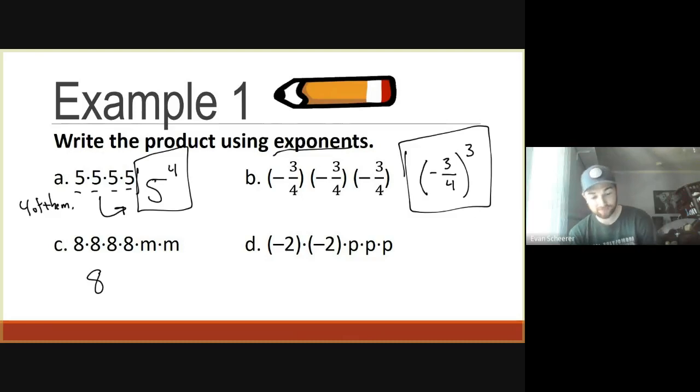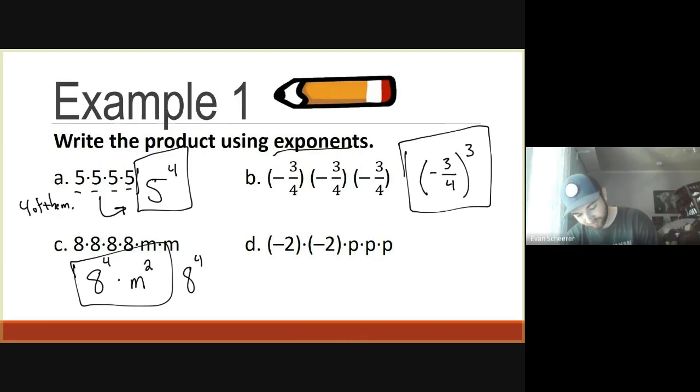How many times are we using it? 4. Multiply that by m. And how many times are we using m? Twice. That's going to be your answer. You could put it like that, or you could do 8 to the 4th m squared. Both of those are correct. You could put the dot in the middle, but you don't have to.